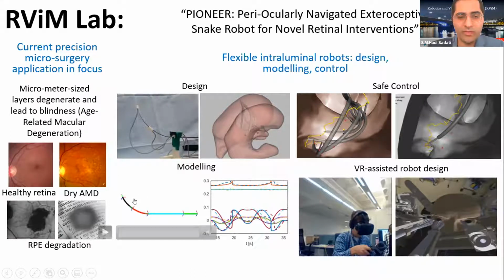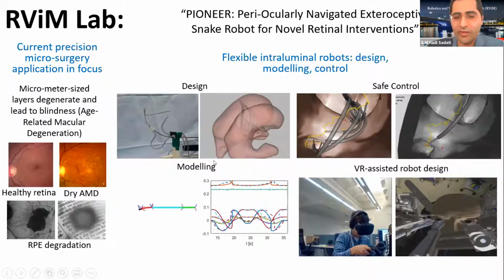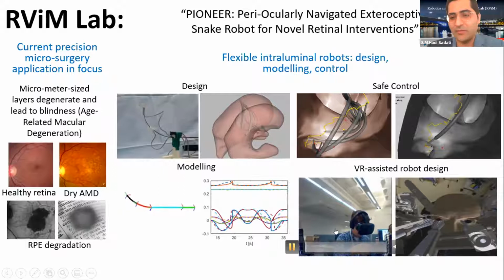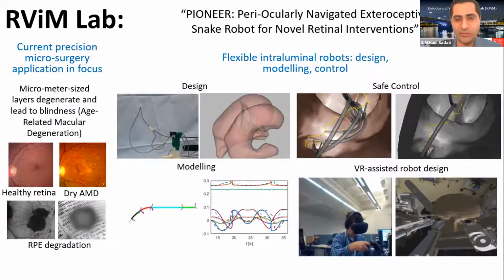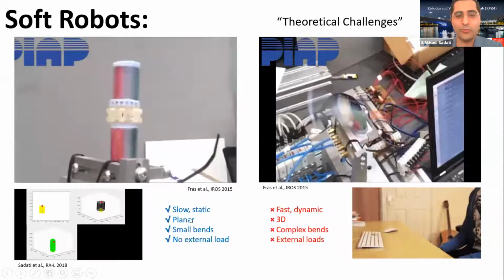You can see one of these in play here. And as you may anticipate, it includes design, modeling, safe path planning, and VR-assisted robotic design and verification. So that's a bit about me, but let's jump into the topic of this workshop, soft robot modeling and control.